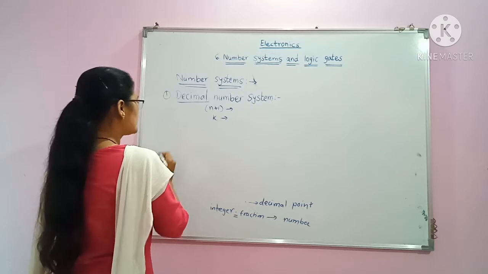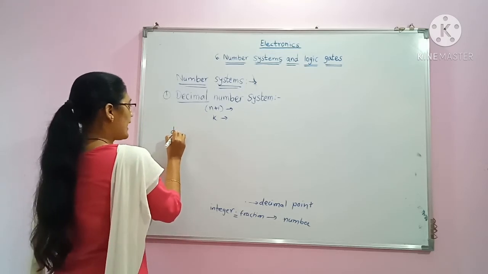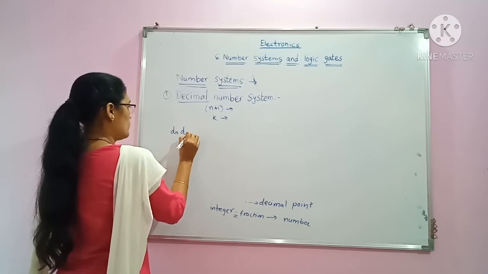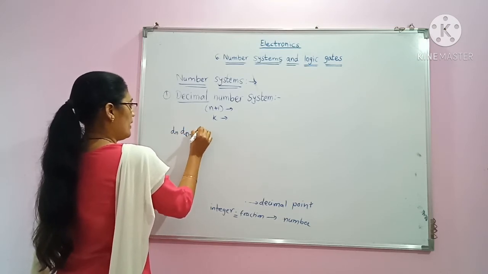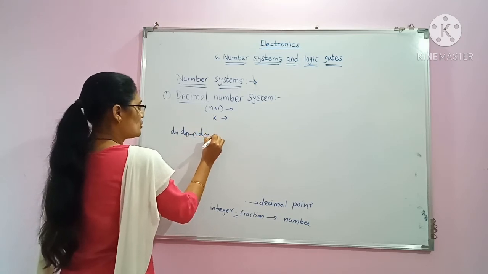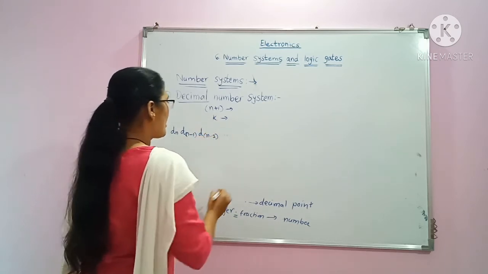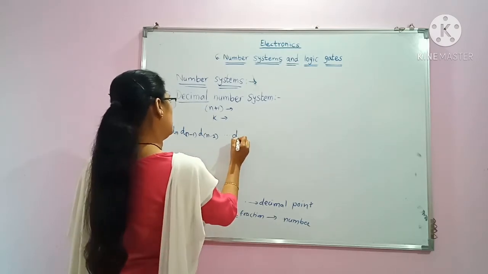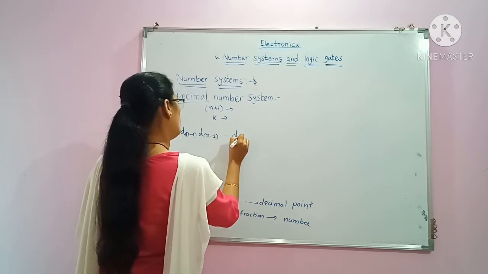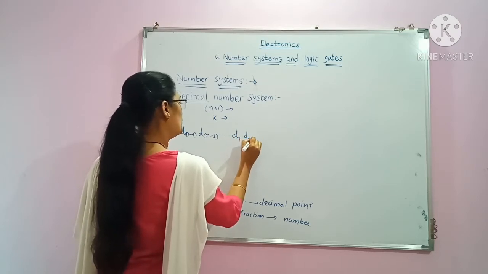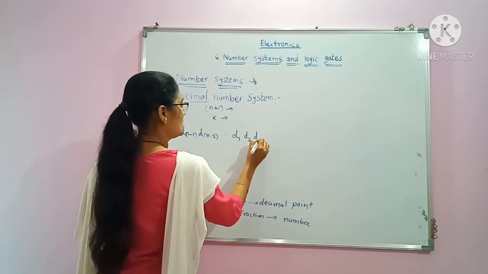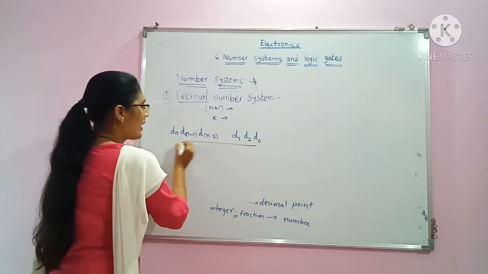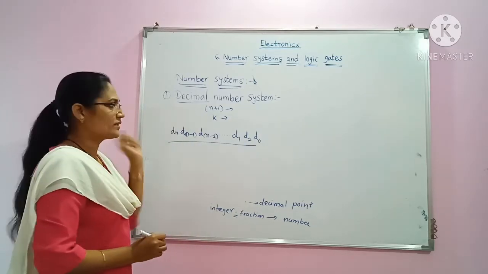So I can write this as dn, dn minus 1, dn minus 2, and so on, after that d2, d1, d0. Like that I can express the integer part of this decimal number.